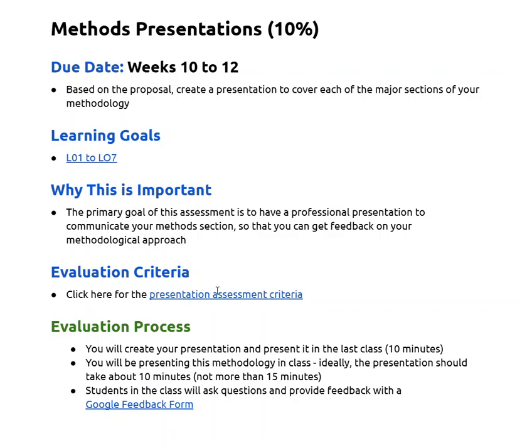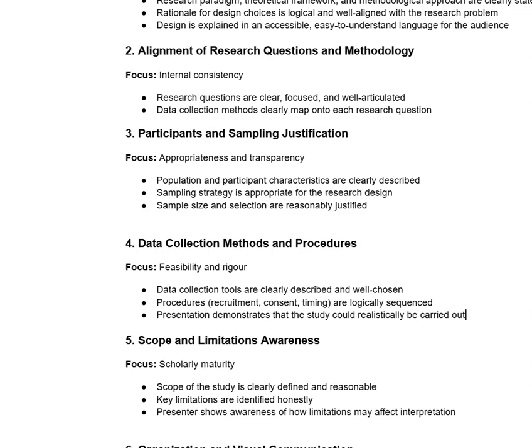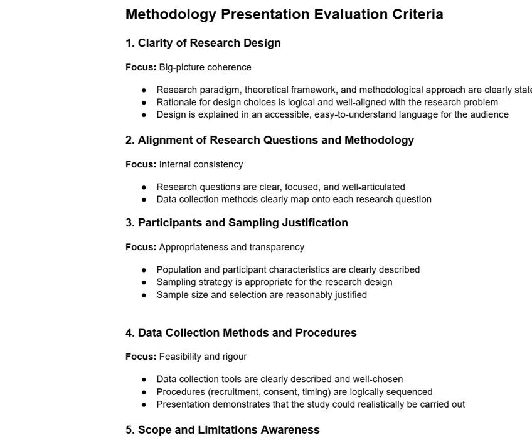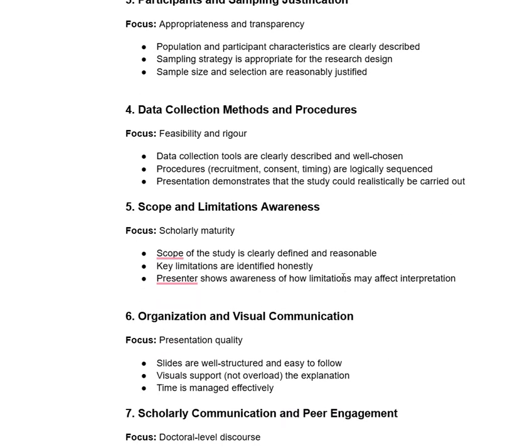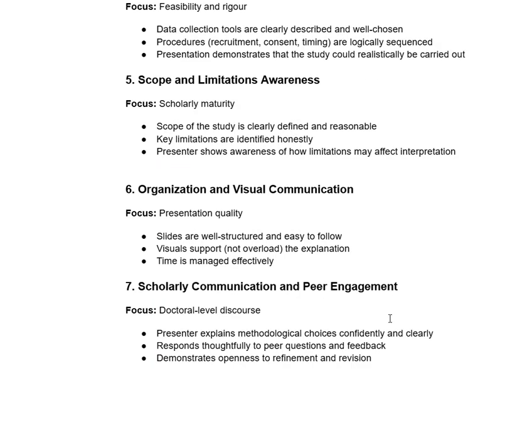The particular criteria for evaluation are listed here, and I can briefly go over that. Really, it's just the clarity of each of the sections: the research design, your research questions, your participation in sampling, the data collection, and then understanding the scope and limitations of your particular method, because no matter what you choose, there's going to be limitations.